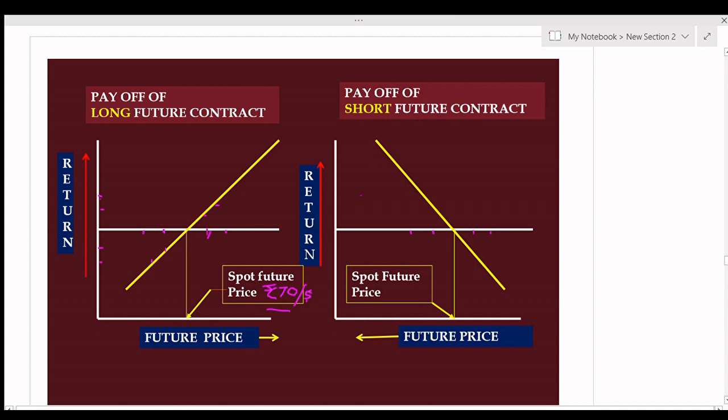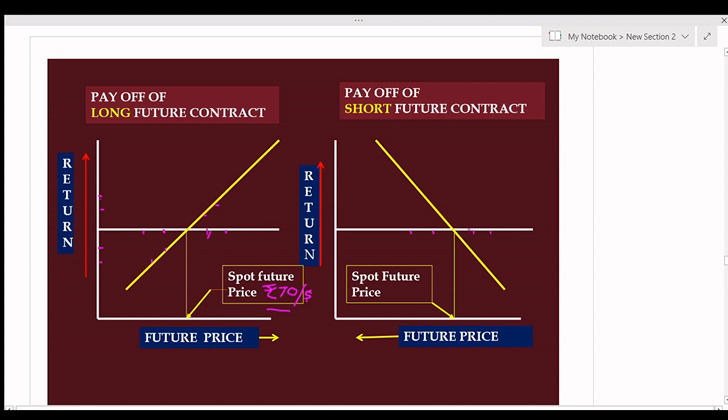At the same time, for the payoff of short future contract, the spot future price is 70. If it decreases to 69, then the trader will gain rupees 1 per dollar, and if it is 68, then he will gain rupees 2 per dollar.